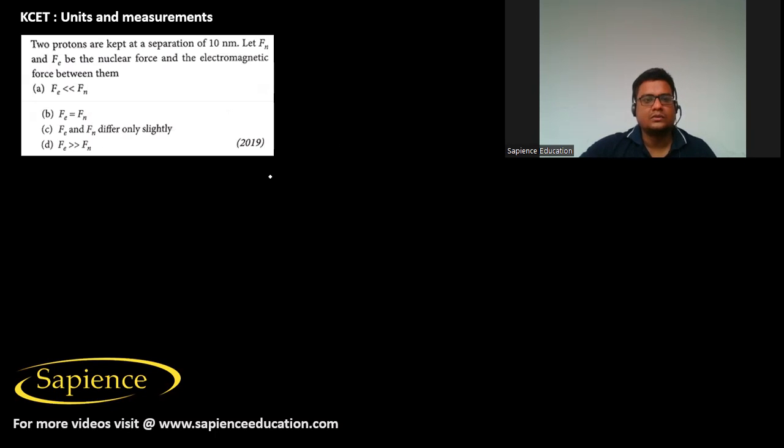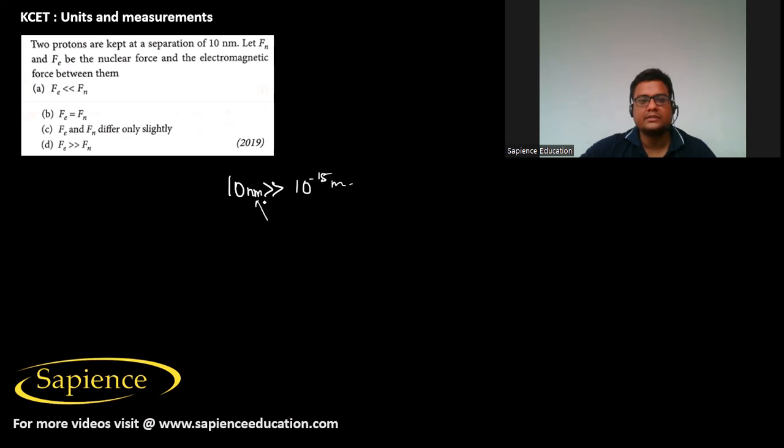Then here it is told two protons are kept at a separation of 10 nanometer. Let Fn and Fe be the nuclear force and the electromagnetic force in between them. So here also the separation is 10 nanometer, which is much greater than the nuclear range, which is of the order of 10 power minus 15 meter.